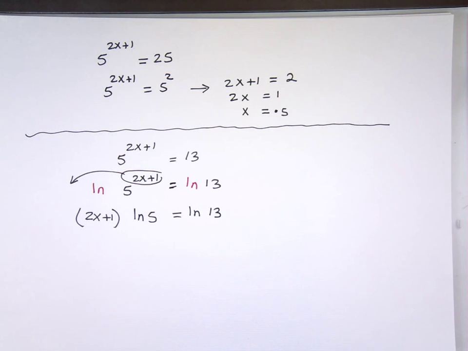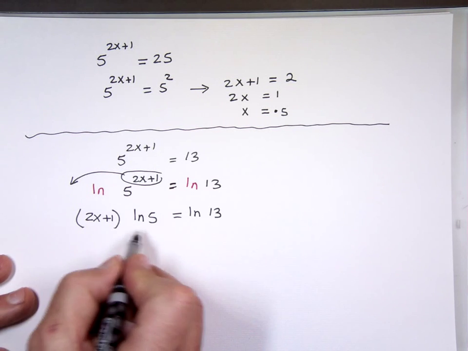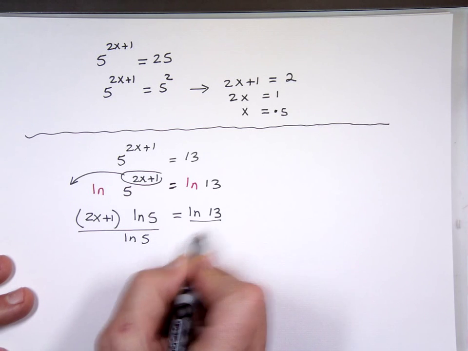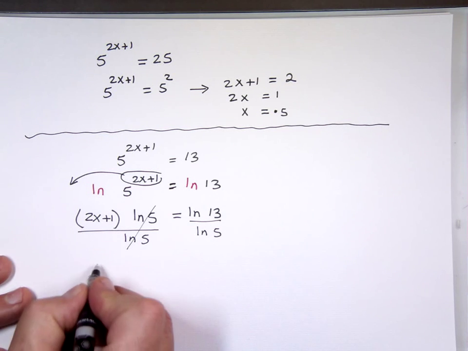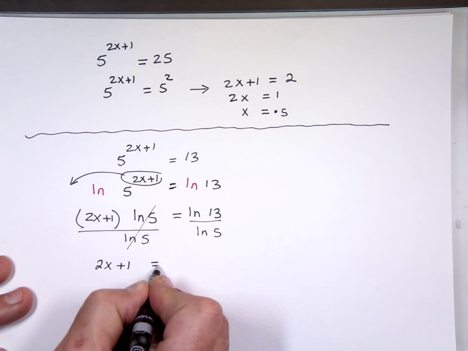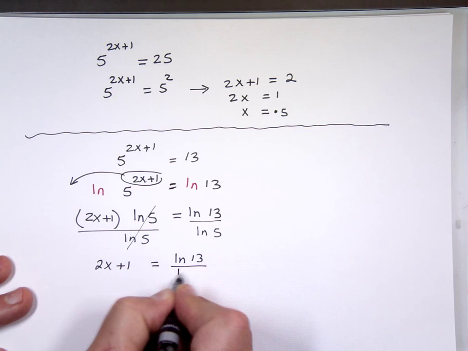I don't want to distribute that, so maybe I should divide both sides by what to get rid of the natural log of 5? Two x plus 1 equals what? The natural log of 13 over the natural log of 5.